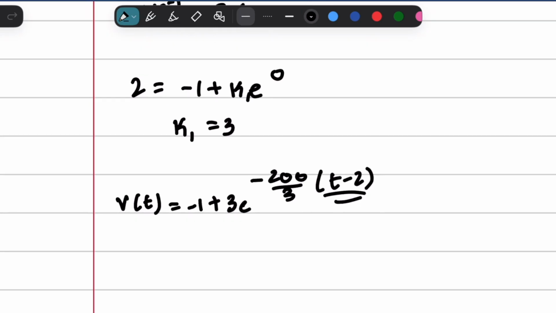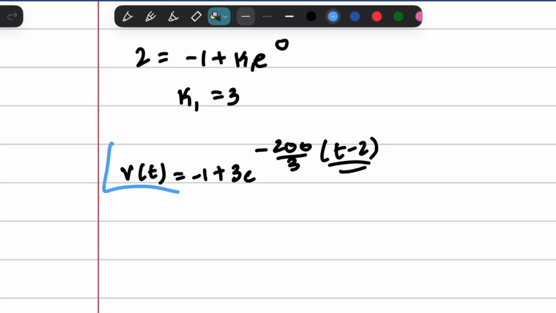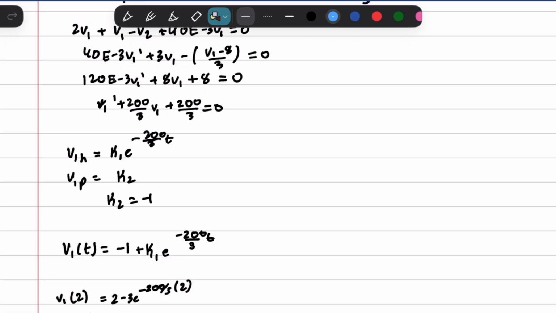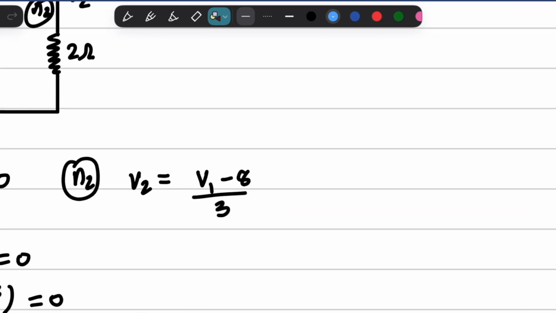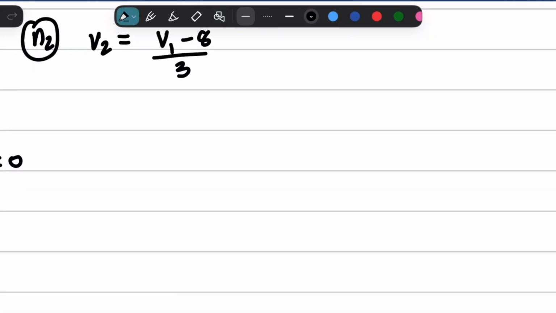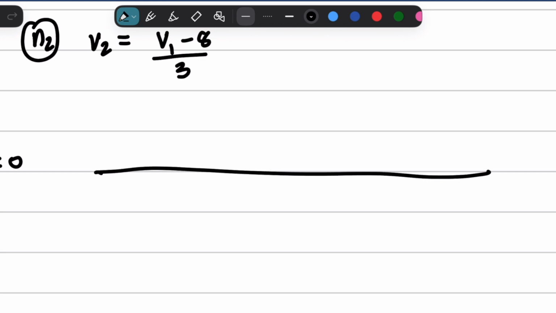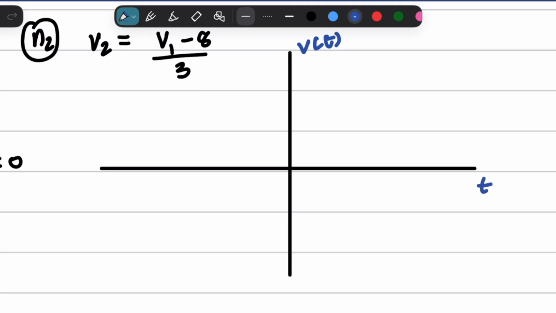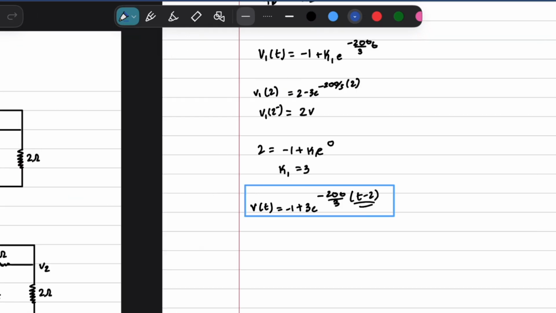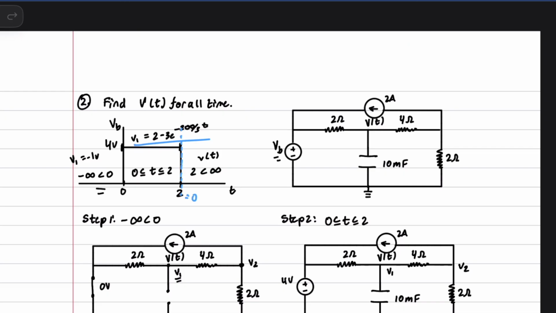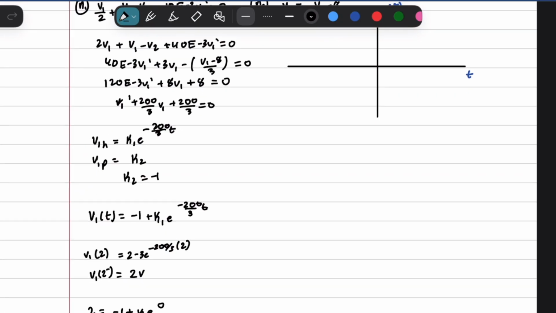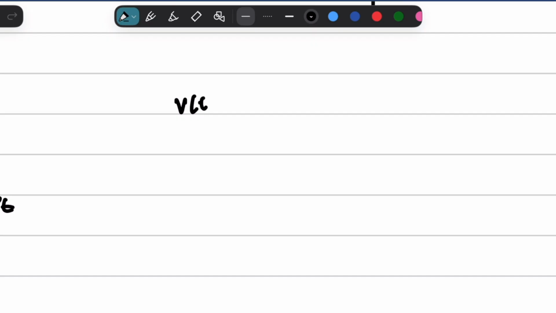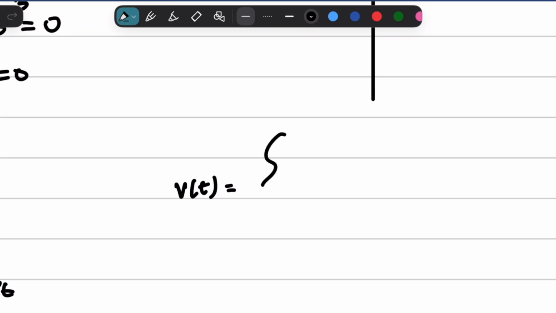Now, for visual people, and it's just a good thing to know, we are going to go ahead and graph this. So first of all, I know that we have a negative value, so I'm going to have the y-axis be the voltage, and the x-axis be time. We'll go ahead and write our entire piecewise function, because that's what this is.